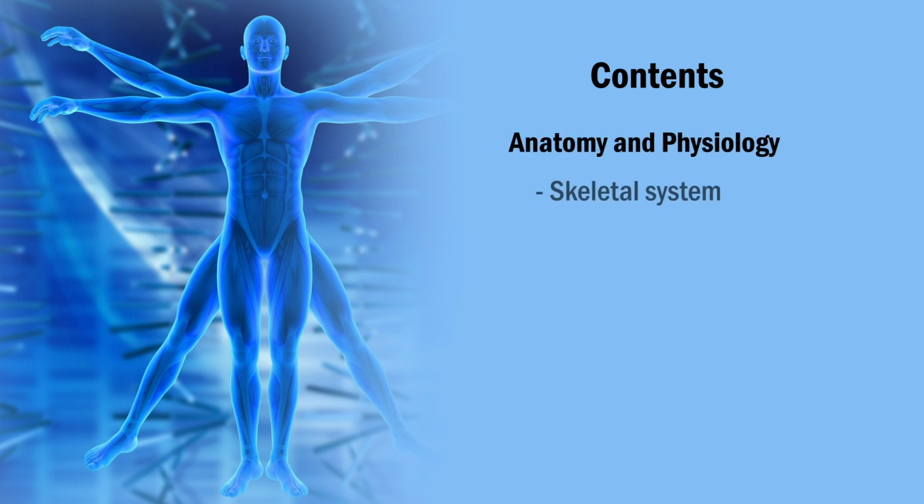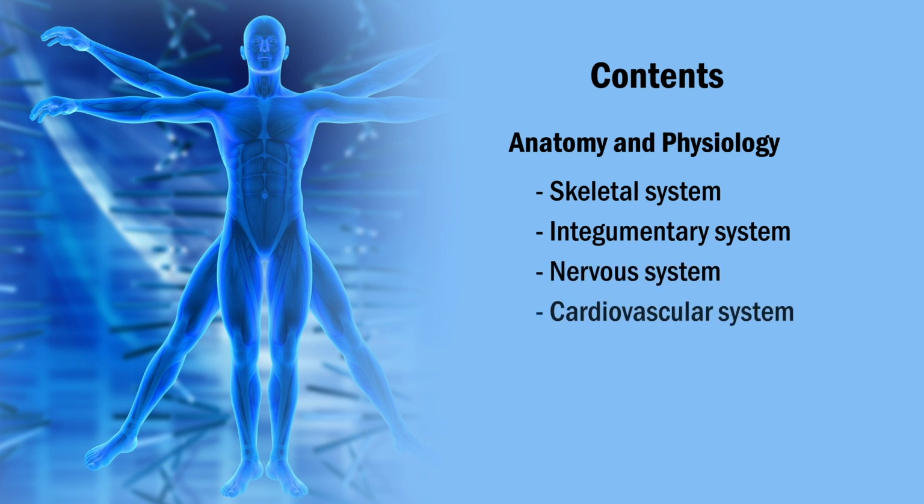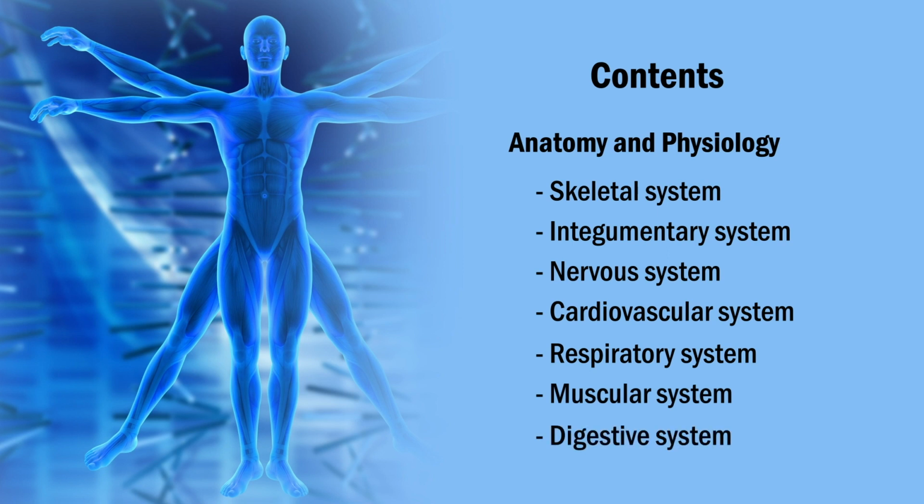Then we will study the anatomy and physiology of organ systems starting with skeletal system, integumentary system, central nervous system, cardiovascular system, muscular system and digestive system. So, let's start.